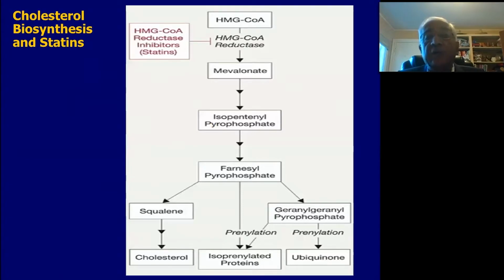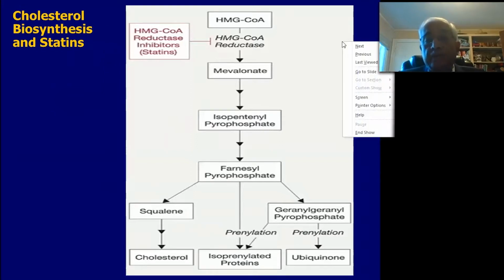It goes through 27 different steps biochemically, but starting with acetyl-CoA, when HMG-CoA reductase converts acetyl-CoA to HMG-CoA, that starts the process of cholesterol synthesis all the way down to cholesterol and some other chemical agents such as isoprenylated proteins and ubiquinone. Ubiquinone is also known as coenzyme Q10, which some people take in order to prevent some of the complications from statin therapy.